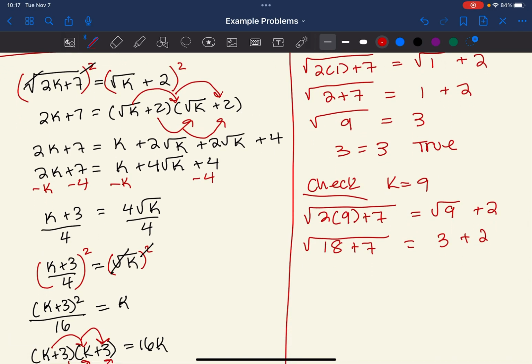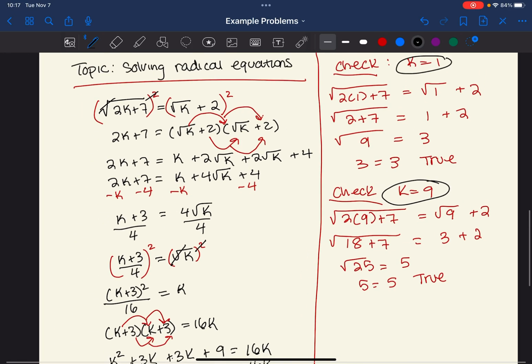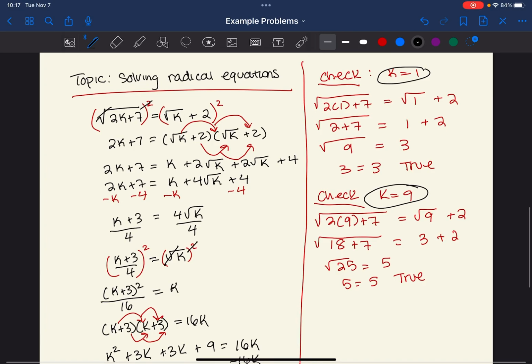Okay, 18 plus 7 is 25, so we have the square root of 25 is equal to 5. 5 is equal to 5, so this is a true statement, which means that k equals 9 is a solution. So again, the answers to this problem were 1 and 9.